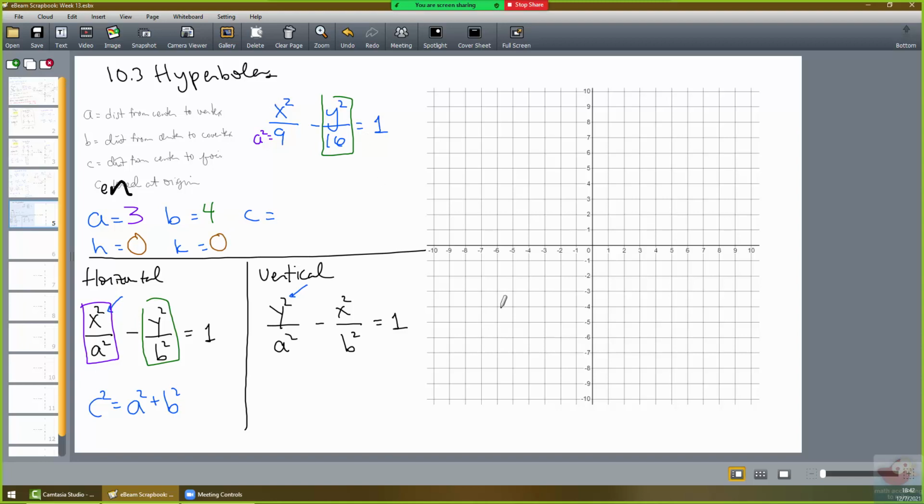How this works is moving horizontally a units. I'm going to put a point at -3, 0 and +3, 0, which means we have a vertex at -3, 0 and 3, 0.